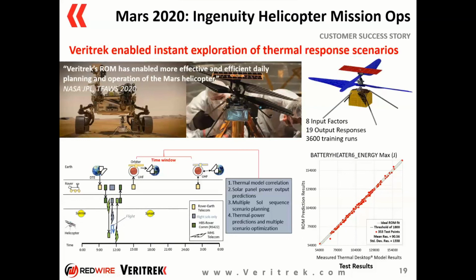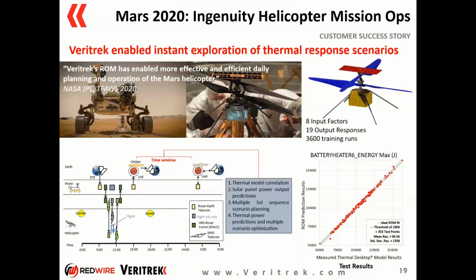Because of that, they wanted to leverage reduced order models to help them do a number of things. One is to help better correlate their thermal model based on the telemetry that they're receiving. And then also for mission planning, how do they operate the warm-up heaters to get their helicopter to a warm enough state to run? And so that's how this ROM was developed.